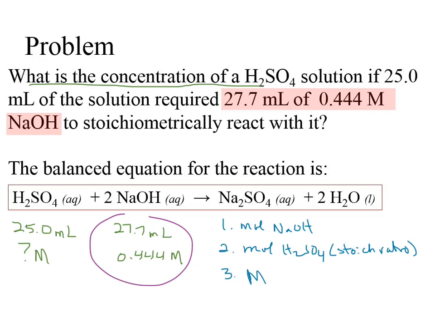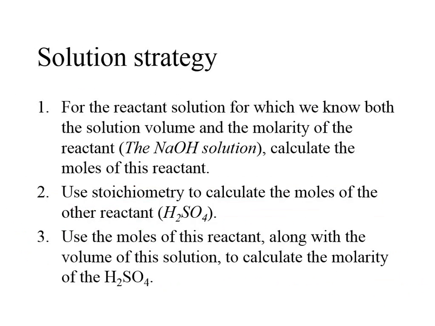I'll just put M of H₂SO4 by taking moles H₂SO4 from step number 2 divided by volume, which was 25.0 milliliters. So that's the strategy. So steps 1, 2, and 3.